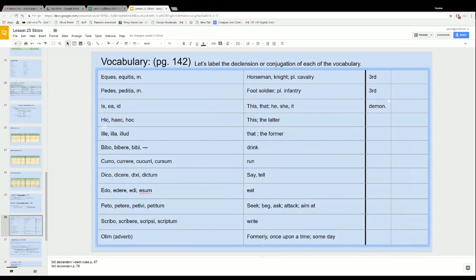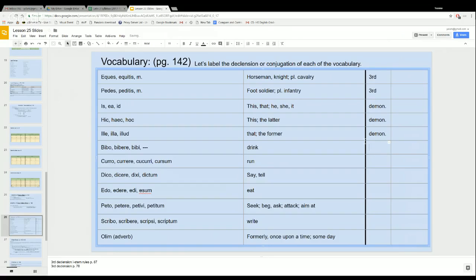Madeline, I haven't called on you. I would like you to do these next three. Hic, haec, hoc: this, the latter. Ille, illa, illud: that, the former. Bibo, bibere, bibi: to drink. Right, good. So both of these are demonstratives.